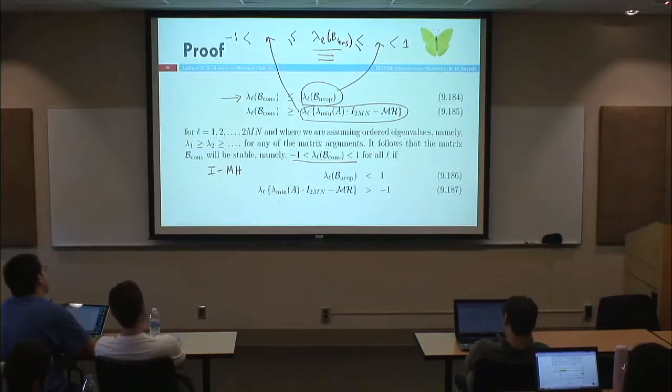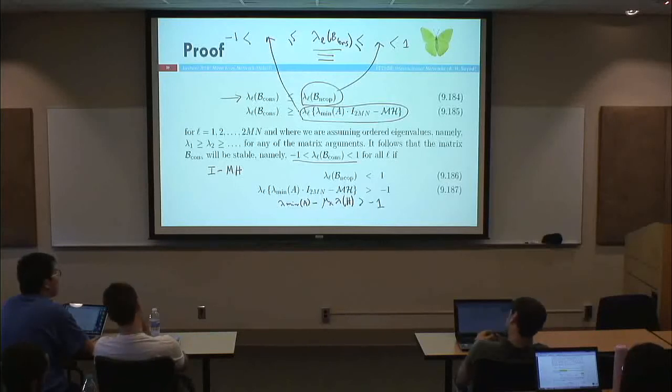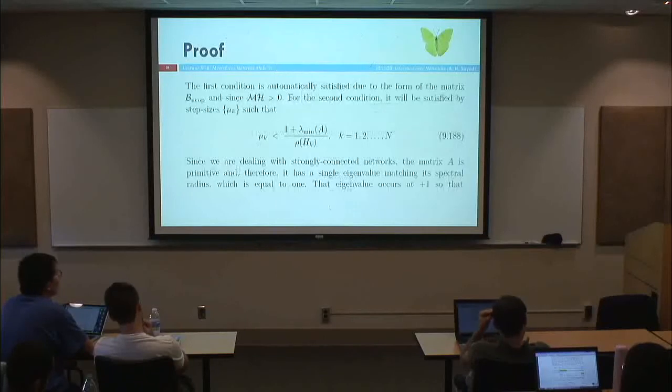Let's say lambda min of A minus some mu times some lambda of H, some of the lambdas of H, right? You have many of these H's, okay? You want this to be larger than -1, correct? You can solve for mu. Okay, so if you do that, here it is. You can solve for mu.